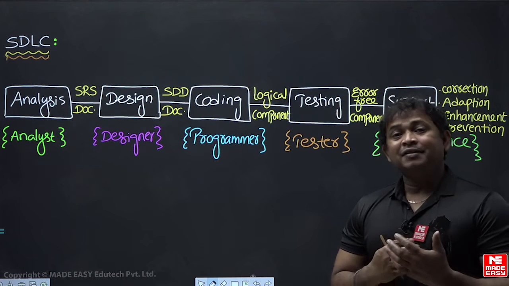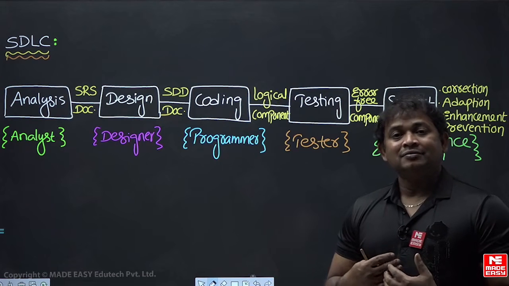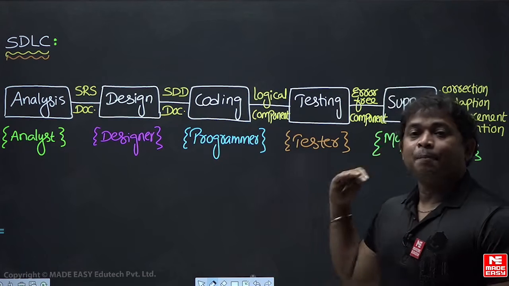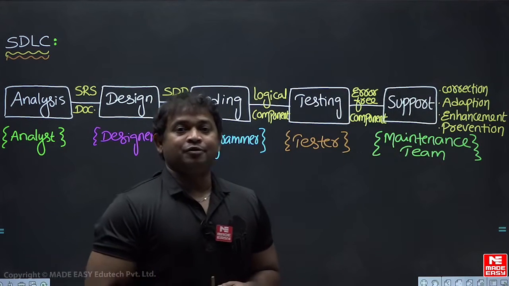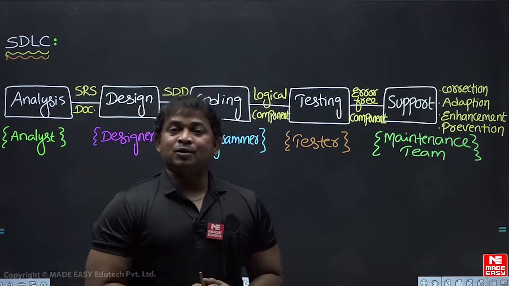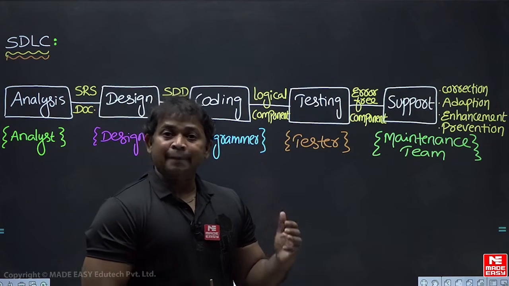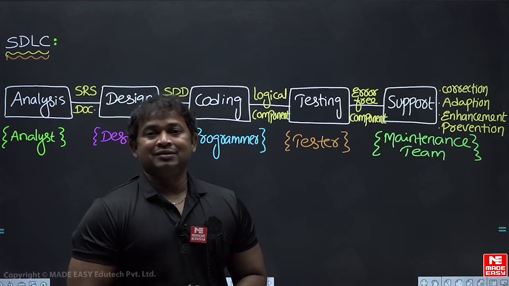That final software is deployed into the market. When the software is in the market, the support stage is there to maintain the software. Here 4 types of support are present, called correction support, adaptation support, enhancement support, and prevention support.